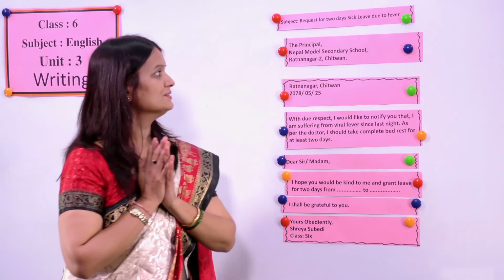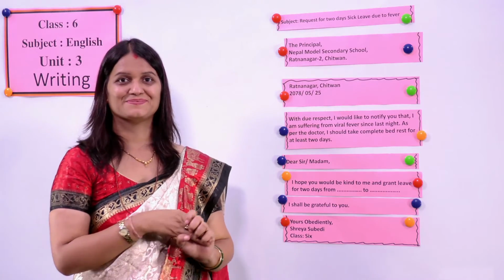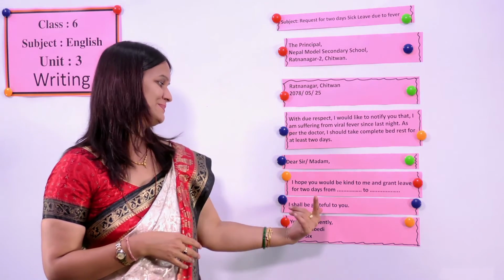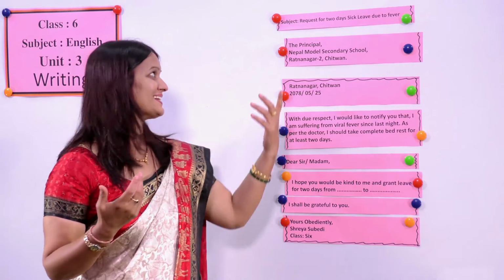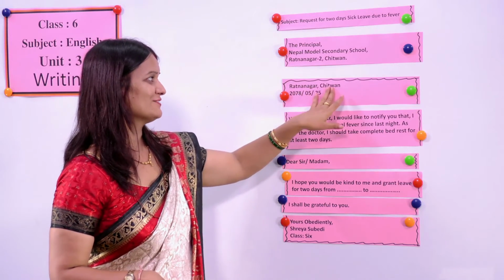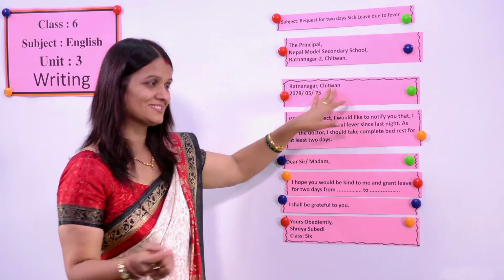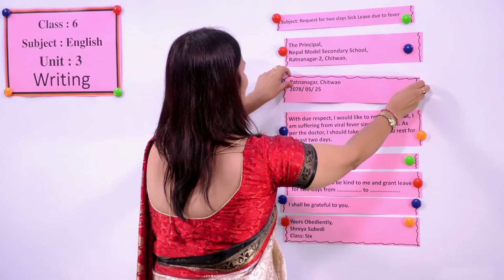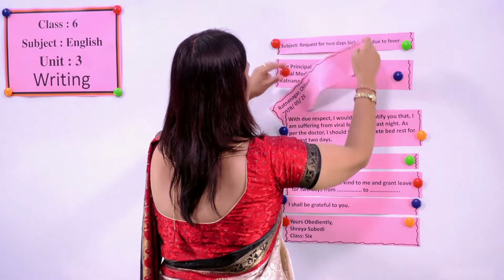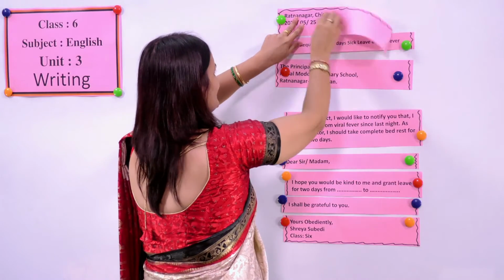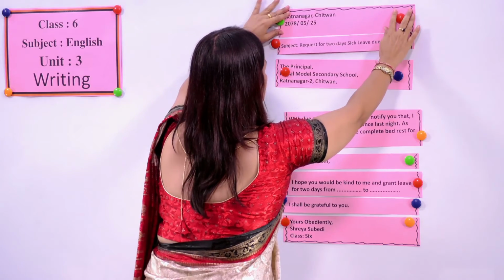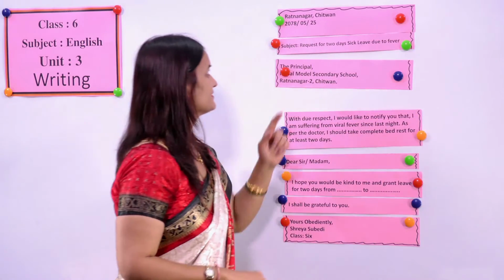Which one is first from here? Dear sir or ma'am, I shall be grateful to you. Which one? Yes, you are right. Ratnanagar, Chitwan, the address of the writer. Okay, good. So this one will be at the top. Then after, what will be there? You go on reading and finding which one comes after this.